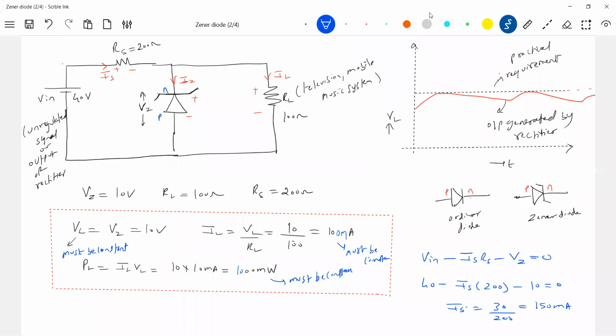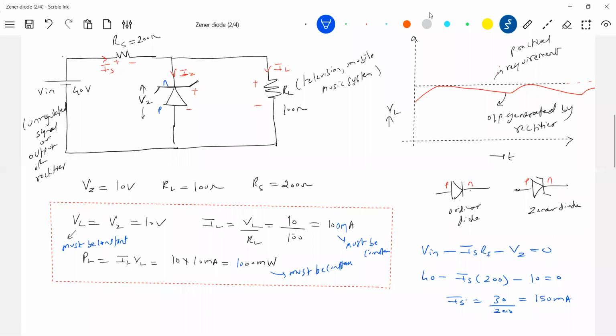Now how much current flows through the Zener diode? Let's check it. Applying KCL, IS equal to IZ plus IL. This IL is fixed here. IS we got 150. Finally we ended up with IZ equal to 50 milliampere.